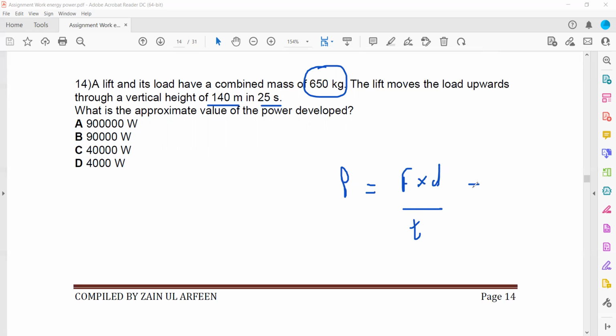Force is equal to the weight of the person and load as it's lifted, which is 650. So 650 times 9.8 will be the weight, the force. Distance is 140 and divided by time, which is 25. When we simplify, it will give us about 40,000 watts, or 40 kilowatts.